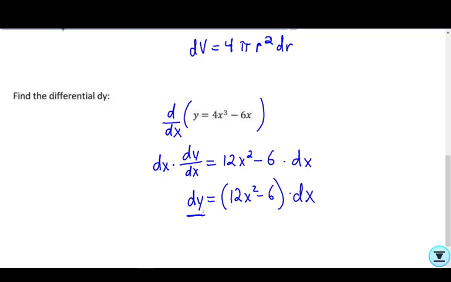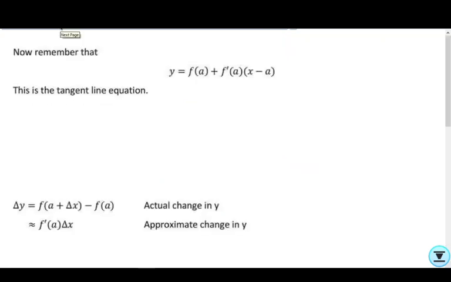Okay? So, if you remember, the tangent line equation, and I wrote it a little bit differently. Normally, when we talk about the tangent line equation, we're talking about y minus y1 equals m times x minus x1.